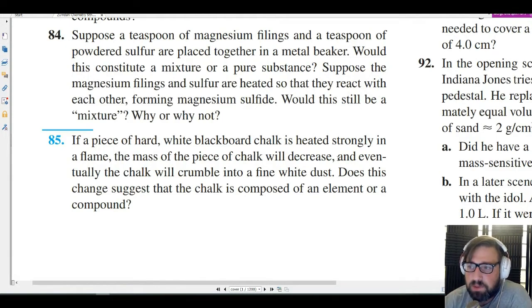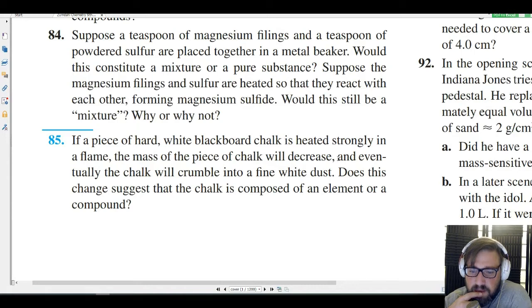What happens if you burn a stick? It turns into ash and smoke. So that's exactly what happens here. This piece of chalk is turning into some sort of gaseous component, and a solid component is left behind. So those are two things that are happening.